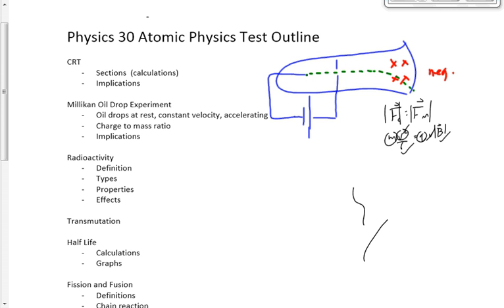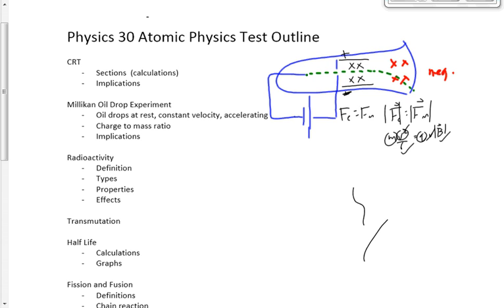So then he introduces another magnetic field here. That would cause the particles to deflect downwards, but he introduces at the same time an electric field that would cause the particles to be deflected upwards. For the ones going at the right speed, we know that these two forces, the upward electric force and the downward magnetic force, have to equal each other.